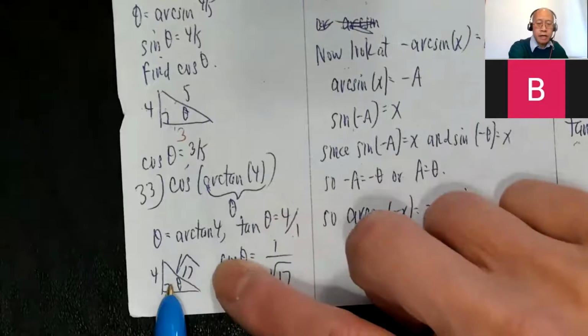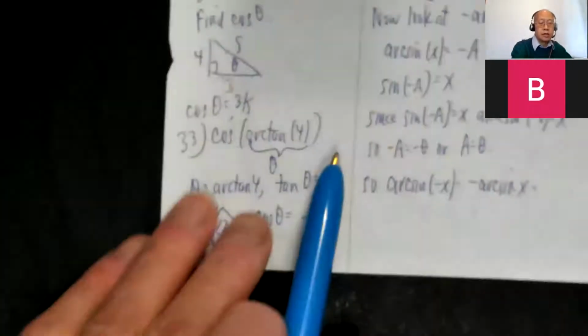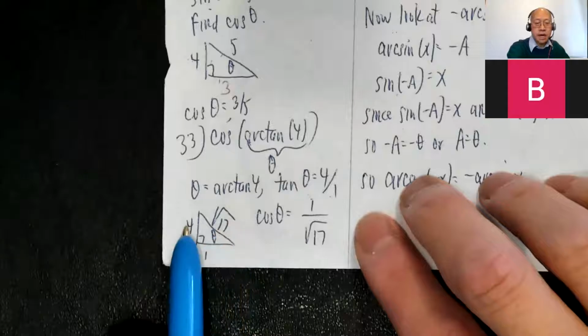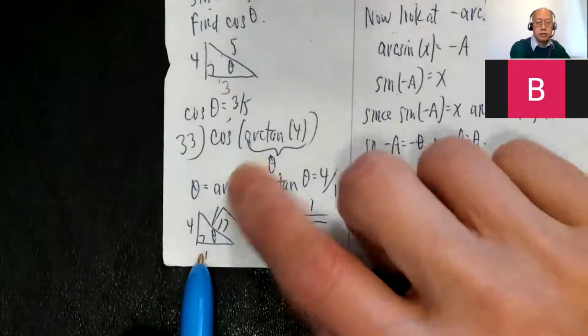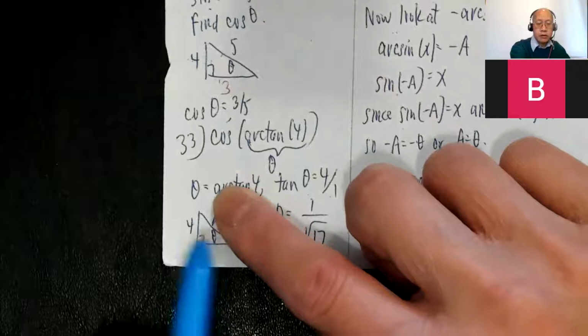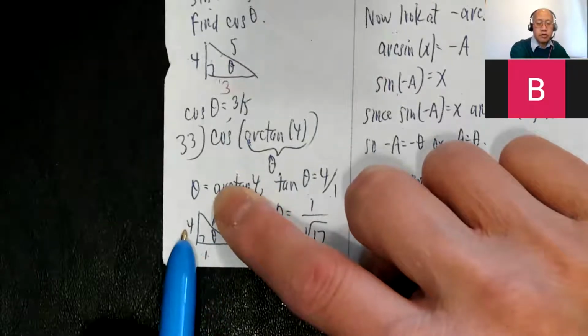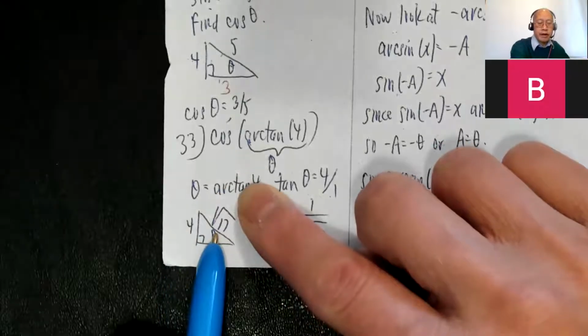I draw my triangle. Tangent, TOA. Tangent is opposite over adjacent. So 4 over 1. Do your Pythagorean theorem. A squared plus b squared equals c squared. 1 squared is 1. 4 squared is 16. Add them up, you get 17. So the hypotenuse is radical 17.